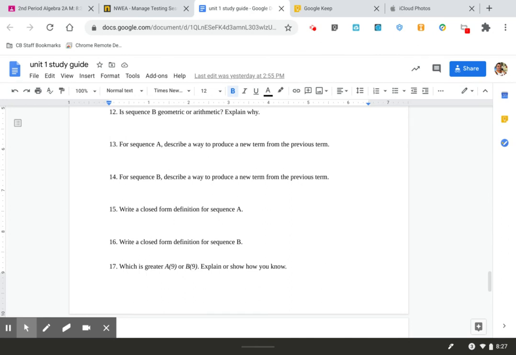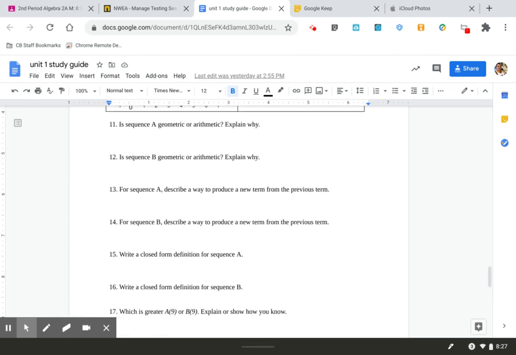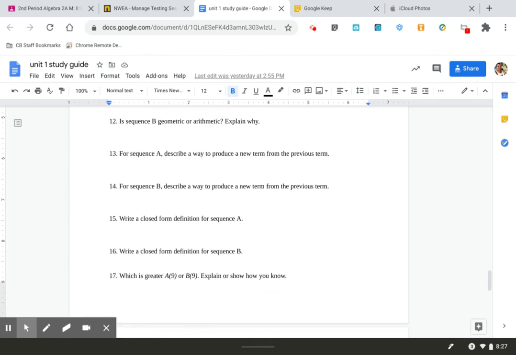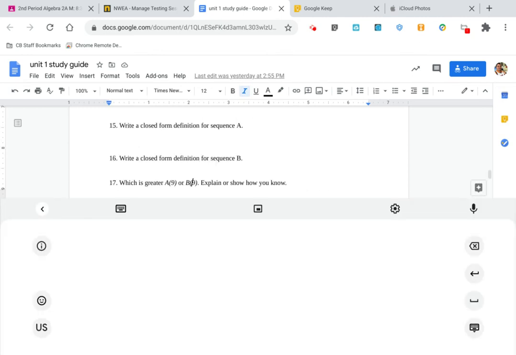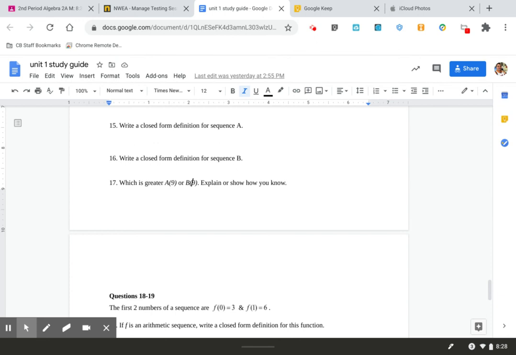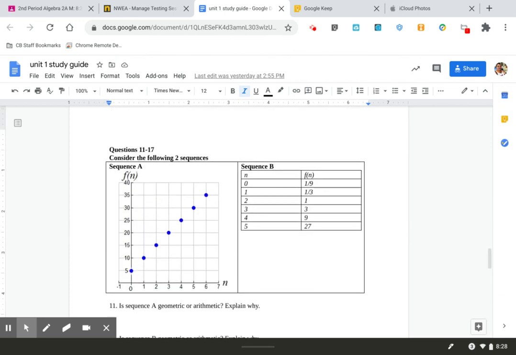Okay. Last question in this section. Which is greater, a of 9 or b of 9? Explain or show how you know. Okay, a of 9 or b of 9, this means term 9 of sequence A, and this means term 9 of sequence B. So if I look at the sequences here, I could try to figure out which one has a higher term 9, but there's a giveaway here.